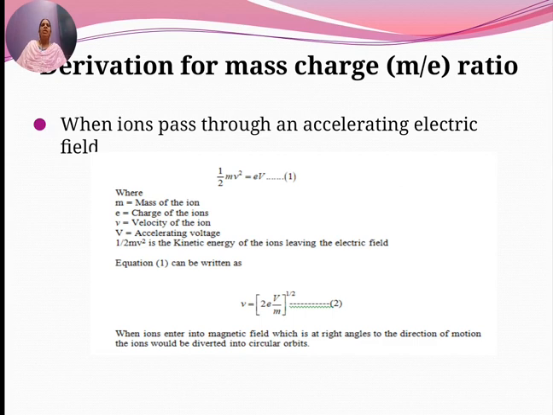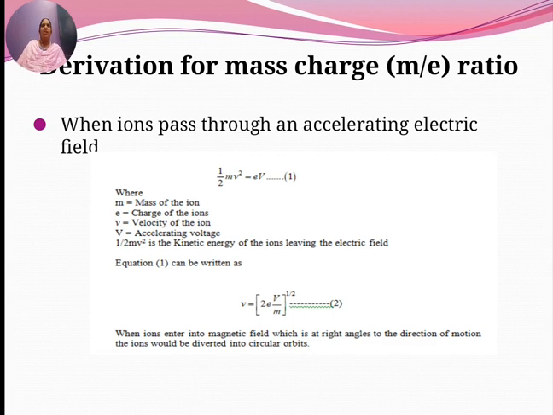So because of the accelerating electric field, the ions are able to move faster. There is an increase in their kinetic energy. Energy is neither created nor destroyed, based on that relation. How much energy is applied because of the accelerating electric field?